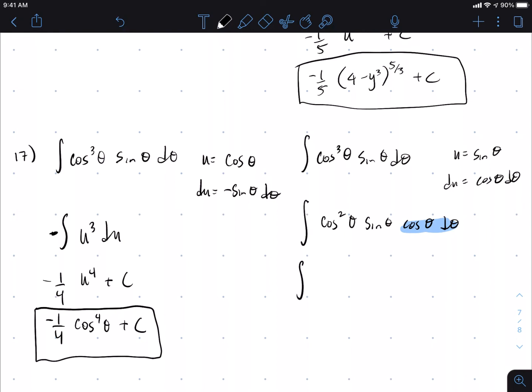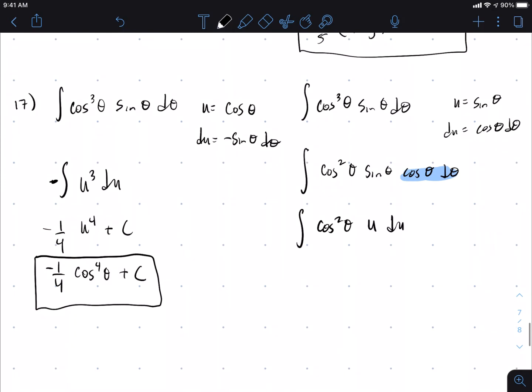So I'm going to get the integral. That's going to be my du. Sine is going to be u. But I'm still going to have cosine squared theta, right? But I can change that, and I will. I'm going to change that to 1 minus sine squared theta, u du.